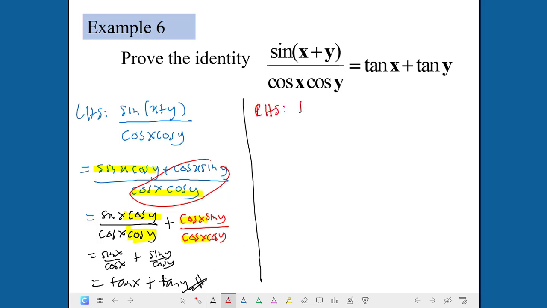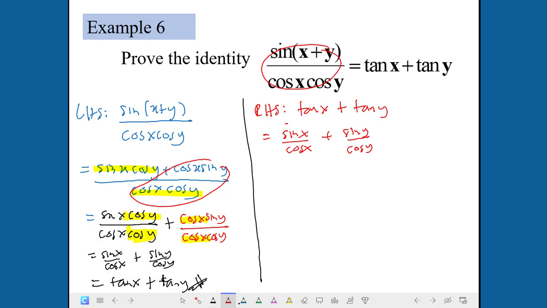Okay, let's try from the right-hand side: tan x plus tan y. We're going to prove it the same way as the left-hand side. So sin x over cos x, just reversed, plus sin y over cos y.